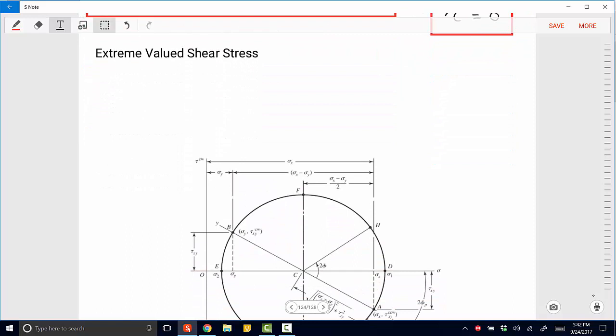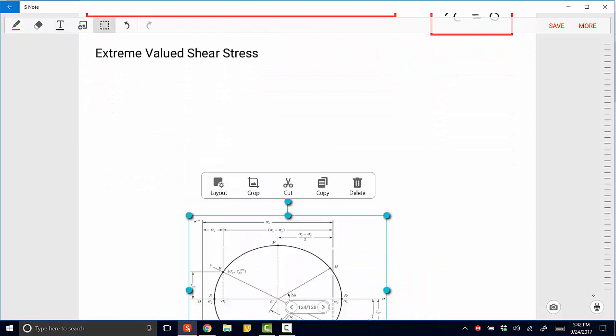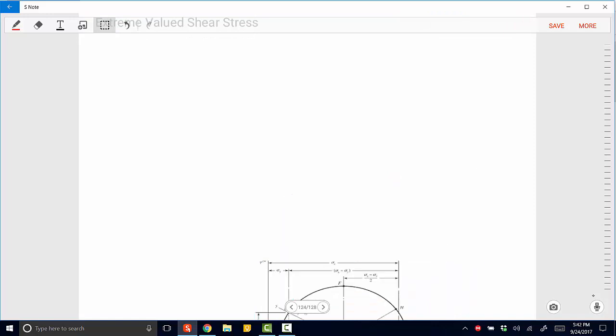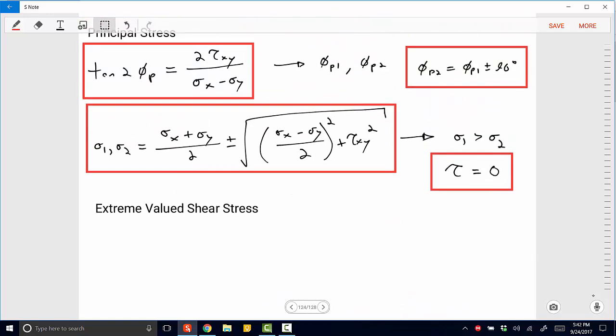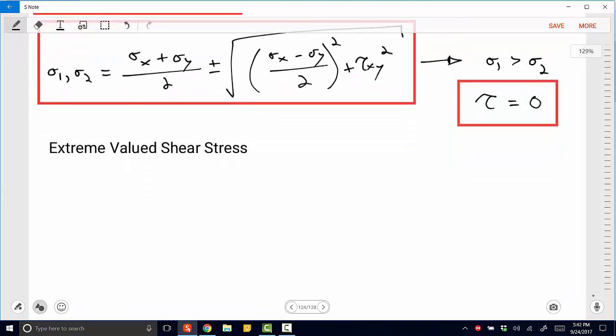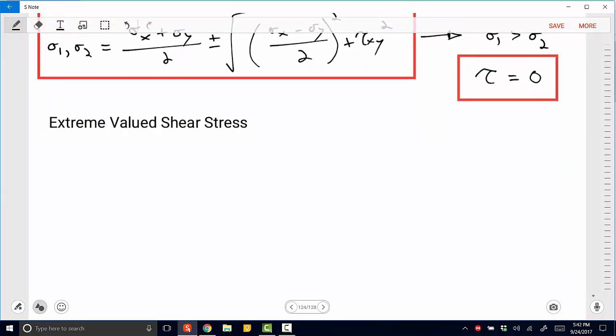So for our extreme valued shear stress, let's move this figure down and build the equations. Let's start with the angles. What are the directions for extreme valued shear?